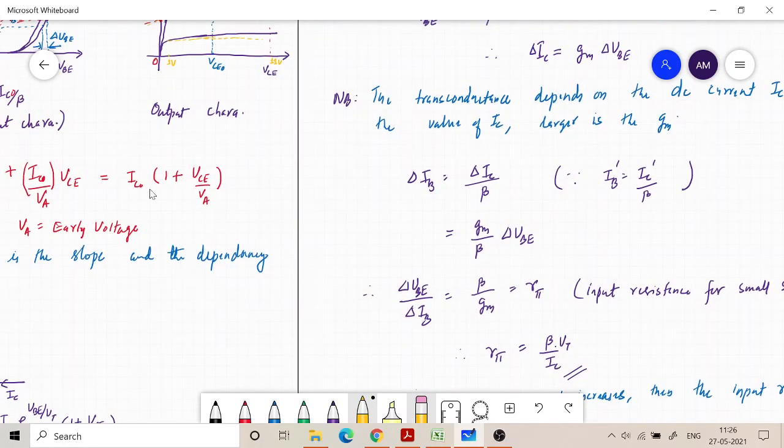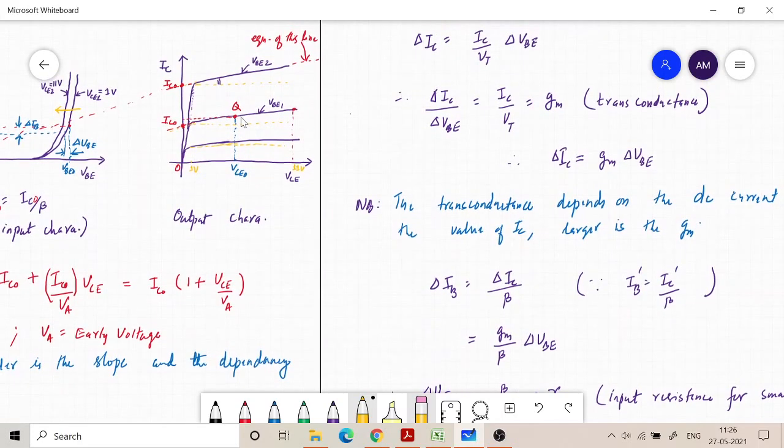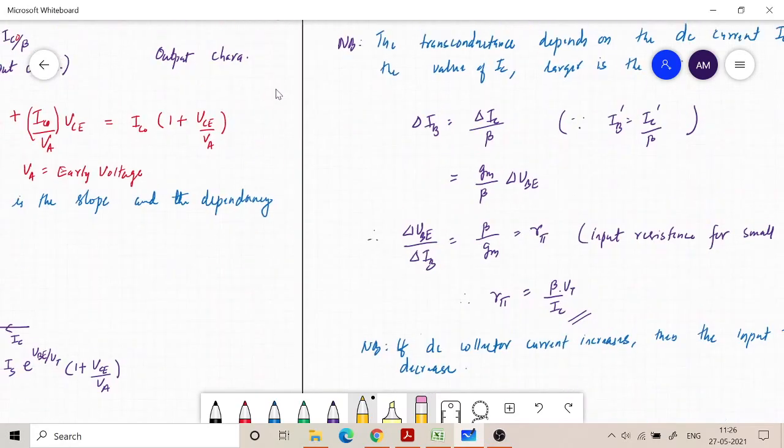R naught is basically the ratio of voltage to current, so the slope is basically the inverse of R naught. This slope here is basically 1 by R naught. So when IC is smaller, R naught increases, which means 1 by R naught, which is the slope, is going to reduce. That is what we are observing in the curve.